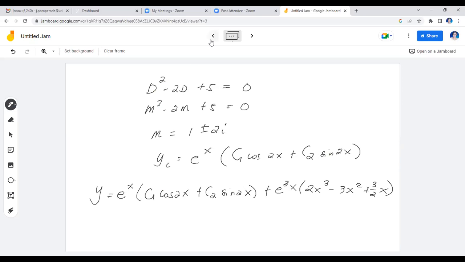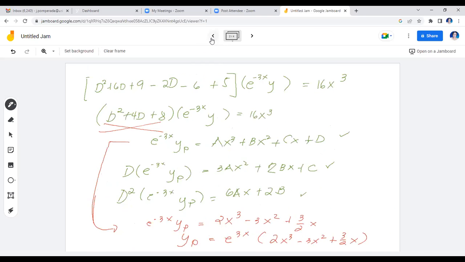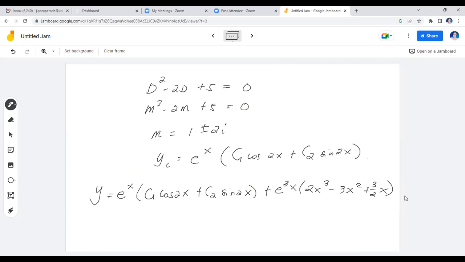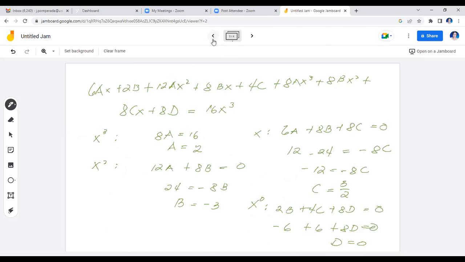Okay, let me check if my memory is right. 2x cubed minus 3x squared, 2, 3, and 3/2 x. So this one is the complete solution of the set DE using the method of exponential shift. The procedure, if you will ask me, is 80% similar to method of undetermined coefficients. We modified only in this portion here.